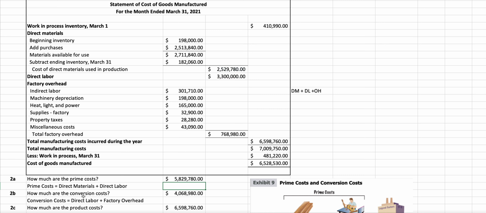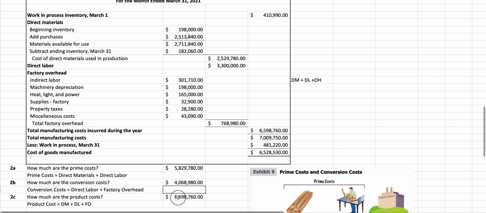If we wanted to look at our conversion costs, that is the direct labor plus the factory overhead. And our final calculation is the product costs, and that is your direct materials, your direct labor, and your factory overhead. Those are the product costs.